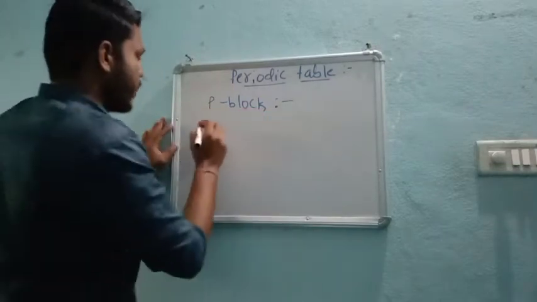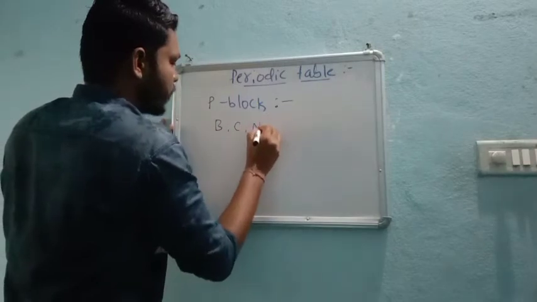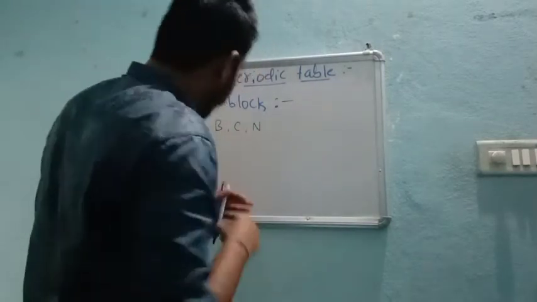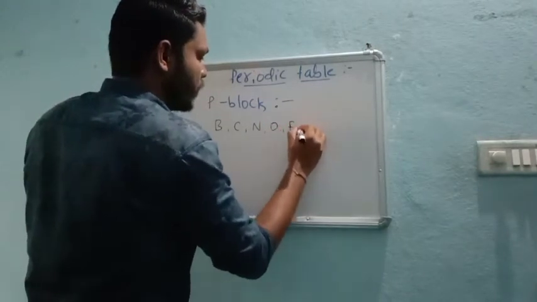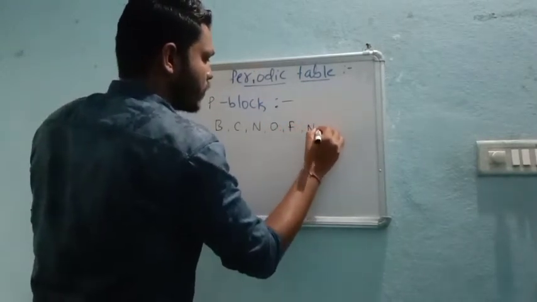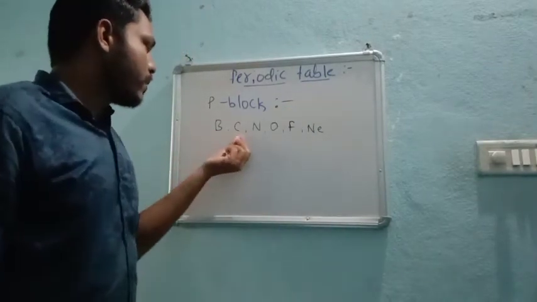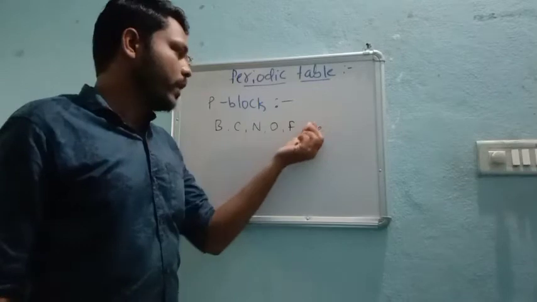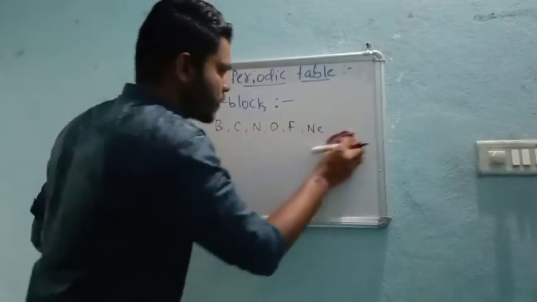Let us take examples like boron, carbon, nitrogen, oxygen, fluorine, neon. Neon is the noble gas. So these are some examples.